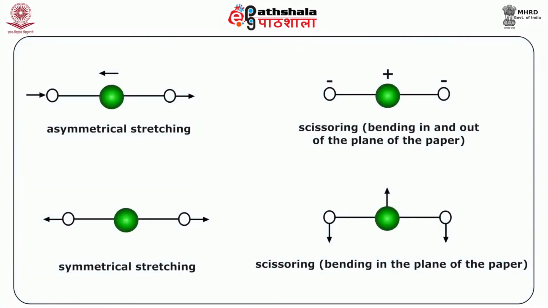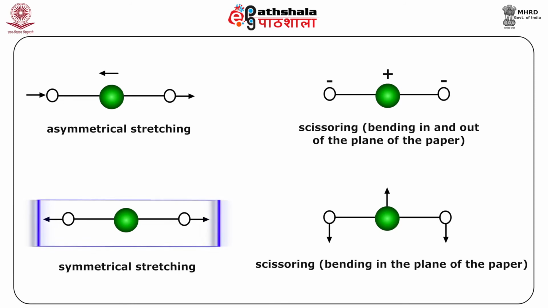For example, Enrico Fermi showed this in the case of carbon dioxide, which is a linear molecule and has 4 fundamental vibrations, but actually shows only 2 bands, at 666 centimeter inverse and 2350 centimeter inverse.